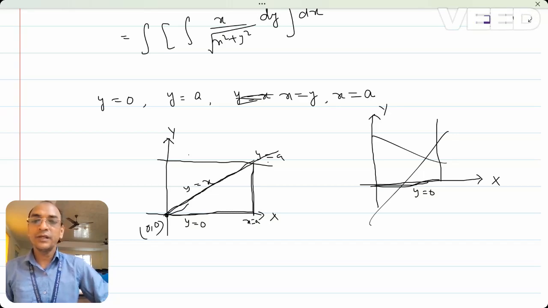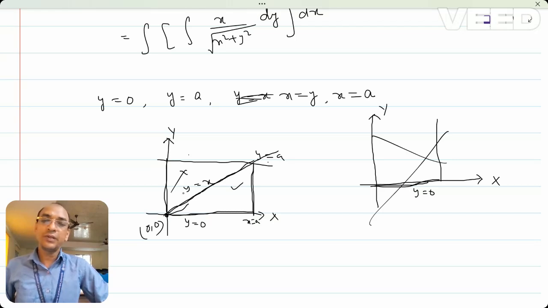If I consider this region, I am missing x equal to a. So this is my required region. This other region I will not consider, because I will miss one of them, x equal to a or y equal to 0. And this line is x equal to 0, but x equal to 0 is nowhere available. So this is my region.